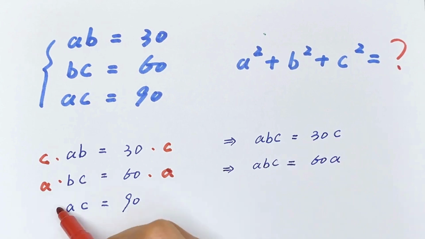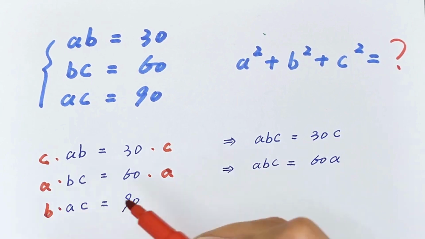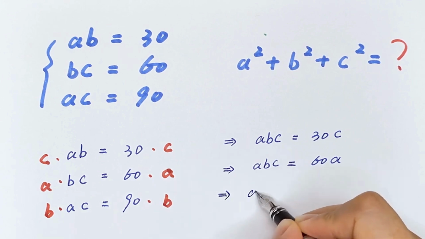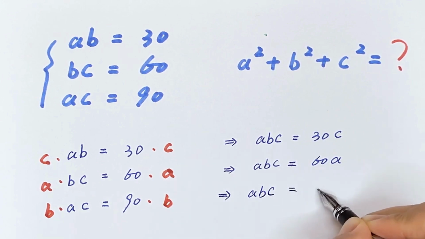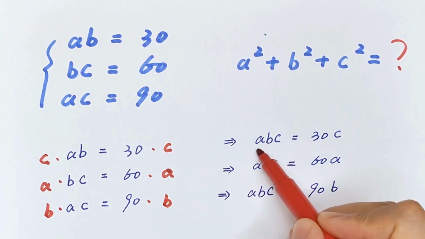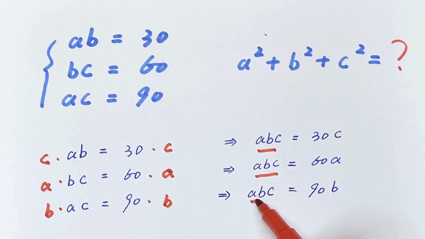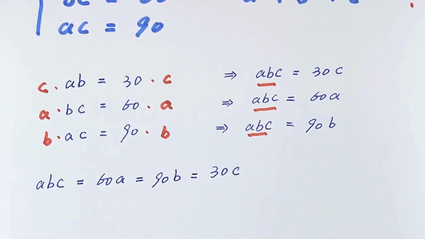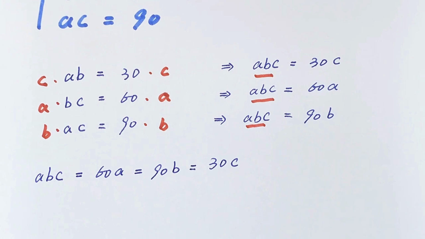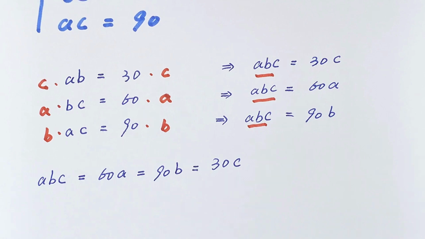And here we multiply by B in both sides. So it will be ABC is equal to 90B. Now here is ABC, here's ABC, here is ABC. So the values are equal: 60A is equal to 90B is equal to 30C.